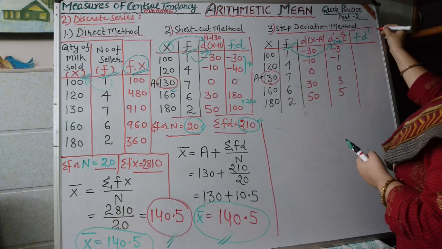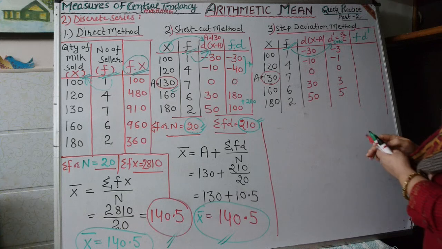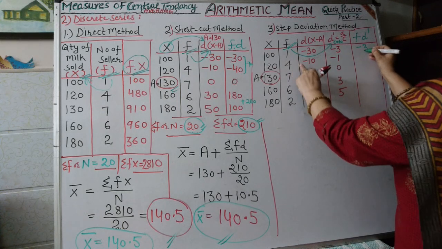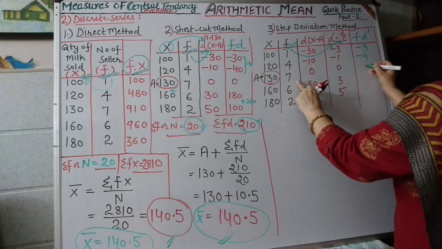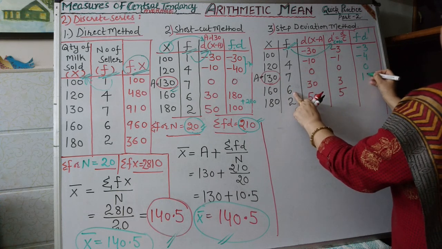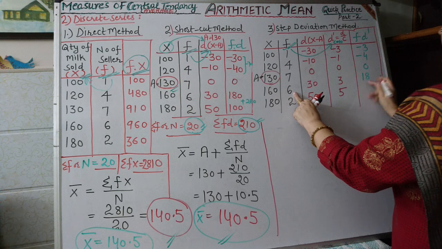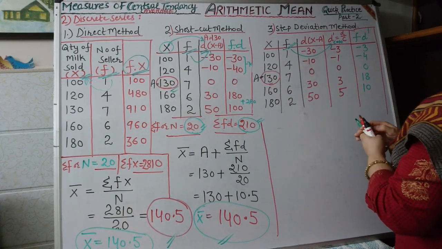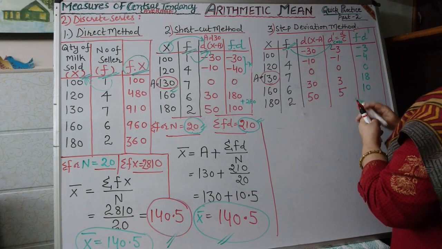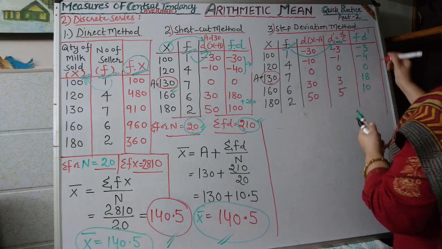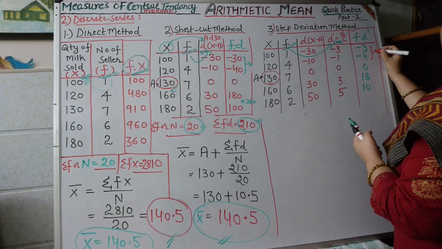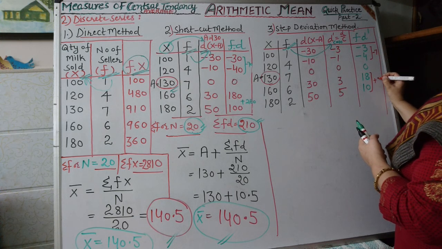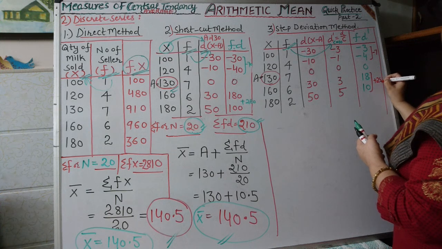So the values of fd dash will be minus 3, minus 4, 0, 6 multiplied by 3, 18, and the last one is 10. The negative values sum to minus 7 and the positive values to 28.